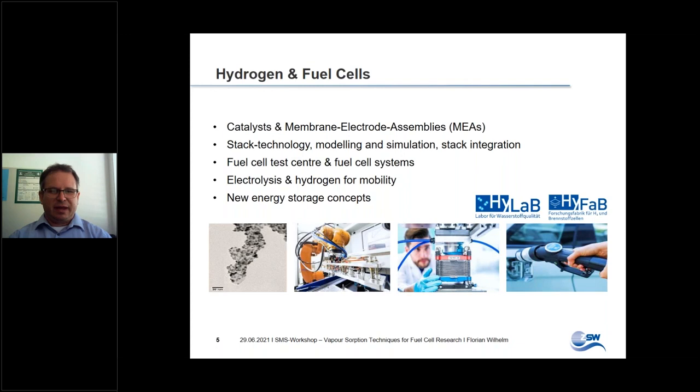So that's a laboratory dedicated to that. And the second one, the HyFab, that's the production technology part of our work. At the moment we're building a new building to support industry by introducing production technology related to fuel cells.